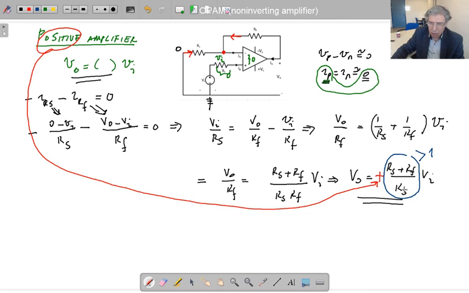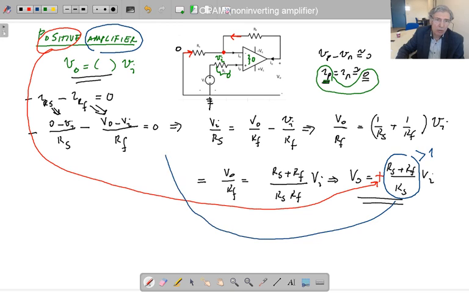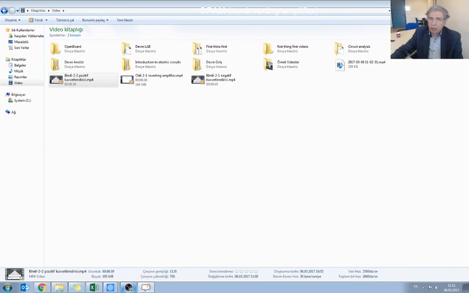That means the output has been increased by this coefficient, while VI is the input. This is the interpretation of the result, so I can say that this circuit is a positive amplifier. This was our aim, so we can finish this video as well.